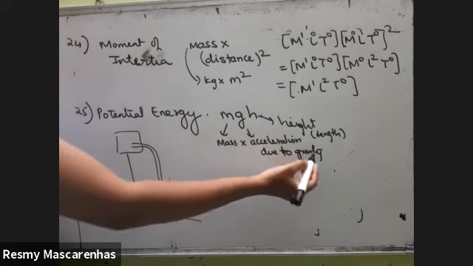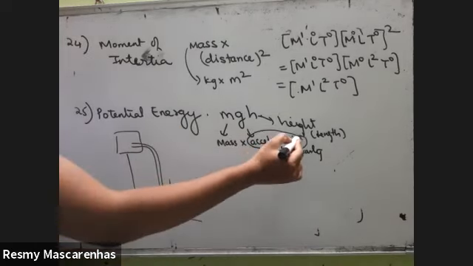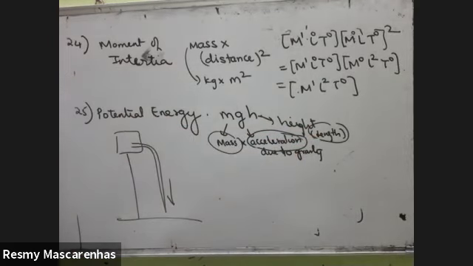Basically forget about this gravity, whatever it may be. Our main consideration is acceleration, mass and length. So put the dimensions of mass, acceleration, and length. All three will come.